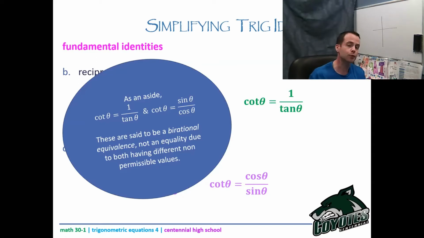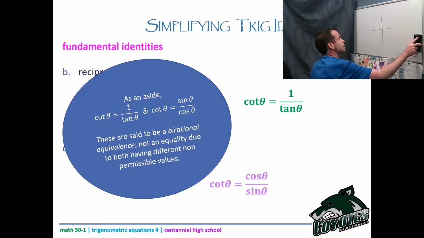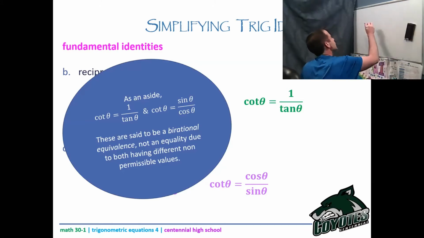But if you look at the first one, cotangent of theta equals 1 over tan of theta. Well, think of it this way. You remember that tan of theta is sine over cos. So if I wrote that as cotangent of theta equals 1 over sine of theta over cos of theta, because that's what tan is.